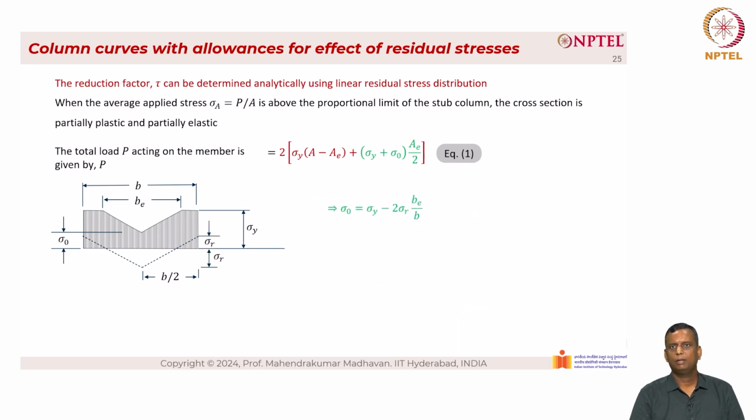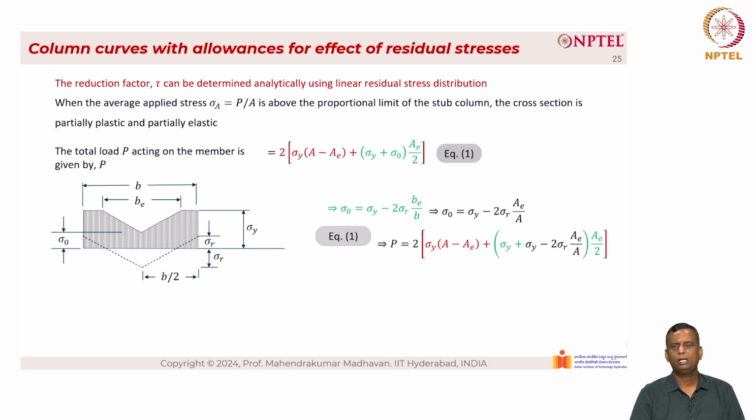And this value can be substituted in the above equation, equation 1. So this can be further simplified as sigma naught equal to sigma y minus 2 into sigma r into ae by a. The ae by a is nothing but be by b into t divided by t. So if the width is now converted into area, it becomes ae by a.